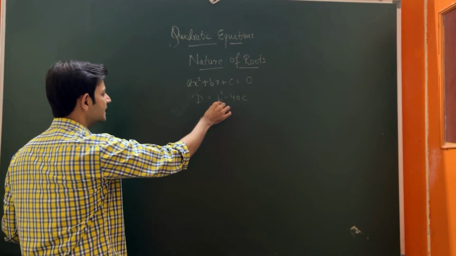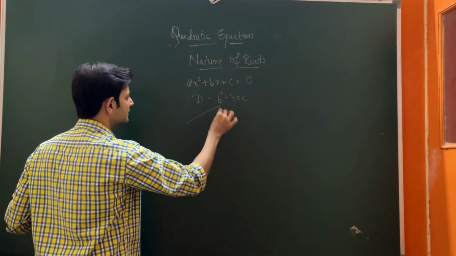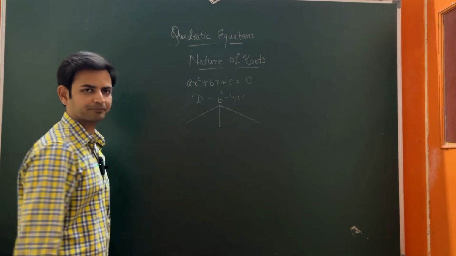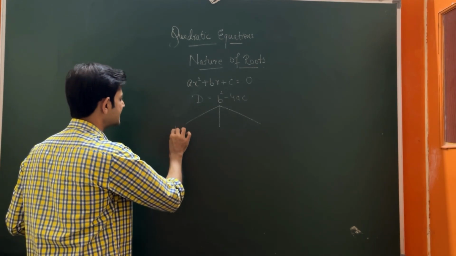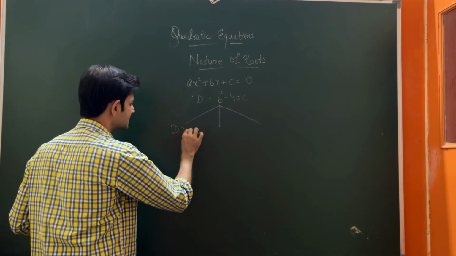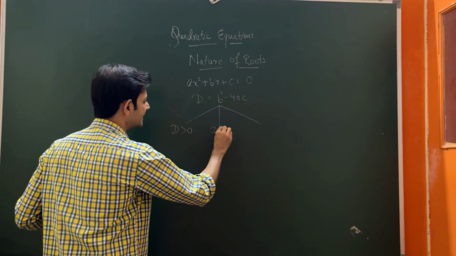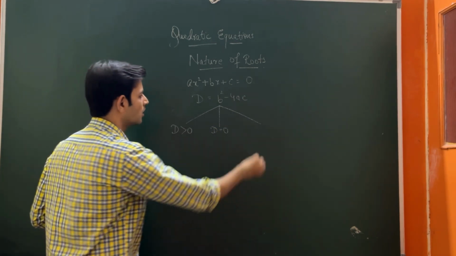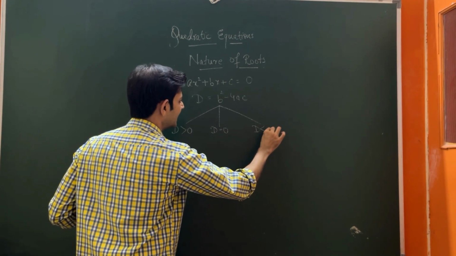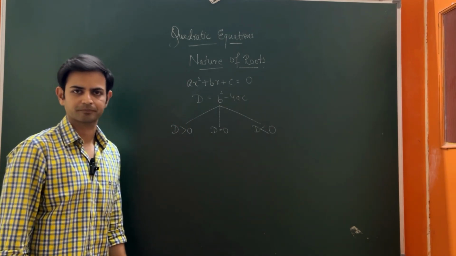Now this discriminant can have three types of values, that is D can be more than 0, D can be equal to 0 or D can be less than 0.